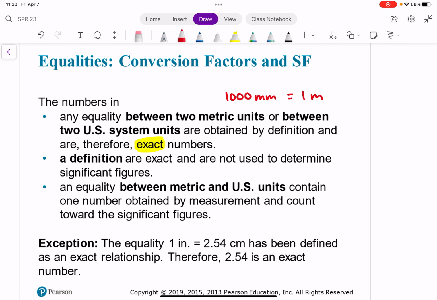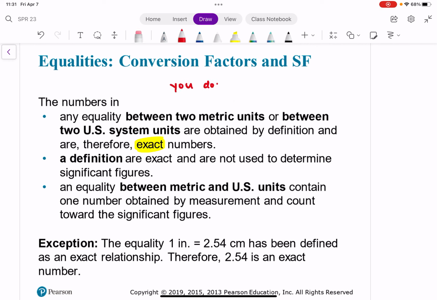We've defined that as a society. It's just like 1 dozen is always equal to 12. 1 dozen eggs is 12 eggs. 1 dozen cats is 12 cats. So that's an exact number. You wouldn't call that a measured number, and so you don't need to worry about sig figs for those kinds of things. So let's actually make a note of that.